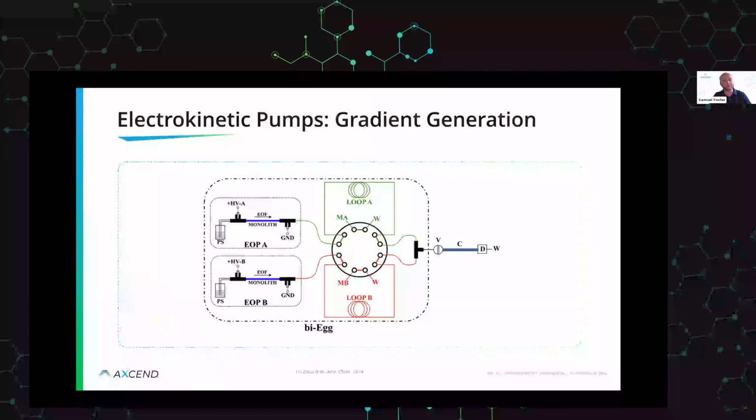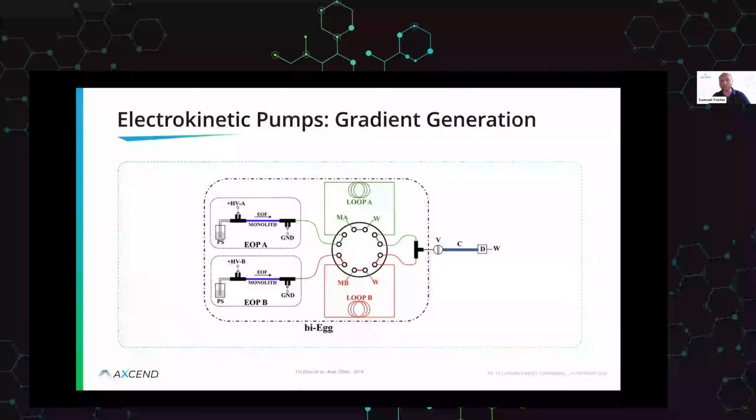If you change your buffer strength or your buffer components, if you change the solvent makeup, so you shift the amount of aqueous to organic, each of those impacts its flow rate and it impacts the amount of voltage that needs to be applied. And so when you're working with these systems, every change that you make in the system, you need to validate and make sure that it's actually producing what you think it's going to.